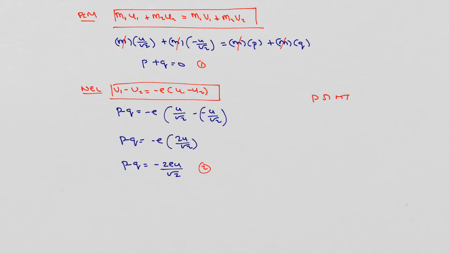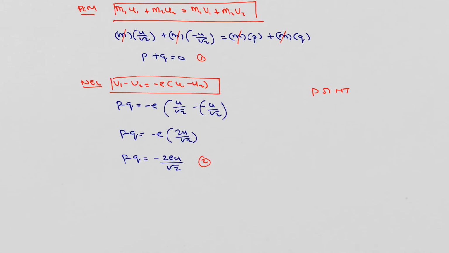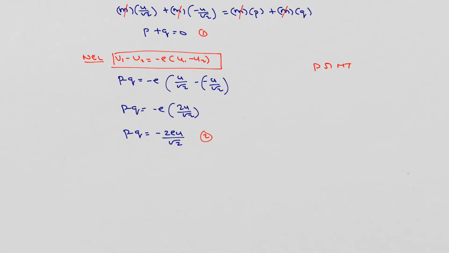Okay, so of course we can say P is equal to minus Q and sub into the second equation, or set up your simultaneous equations. It's all the same. So I'm going to say P equals minus Q. So if I sub 1 into 2 straight off, then I have minus Q is equal to minus 2eu over root 2.